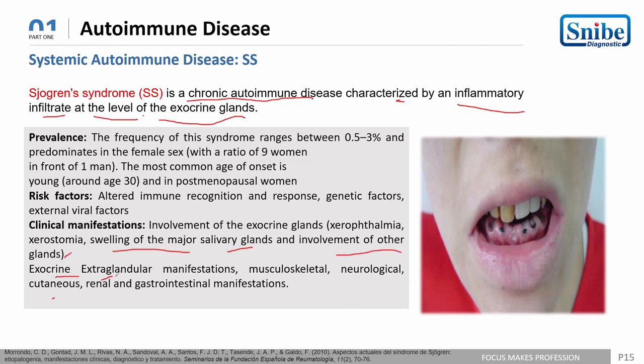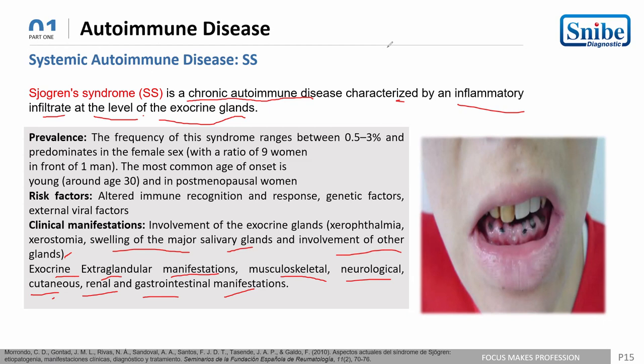There are also extraglandular manifestations: musculoskeletal, neurological, cutaneous (meaning skin), renal (kidney), and gastrointestinal, because all these organs and structures involve exocrine gland systems. Sjogren's syndrome is a chronic autoimmune disease with inflammation at the level of the exocrine glands. So this is about the clinical findings.